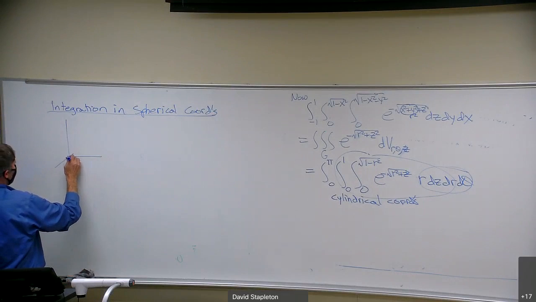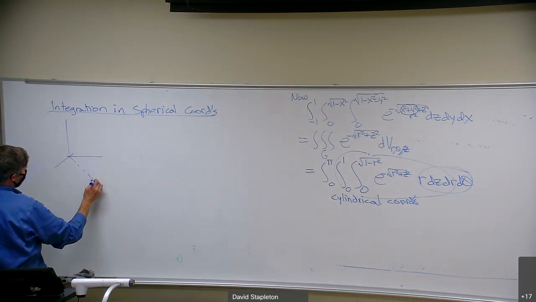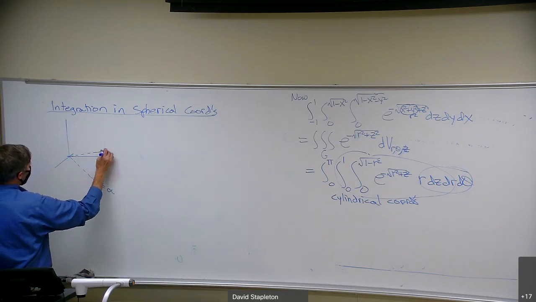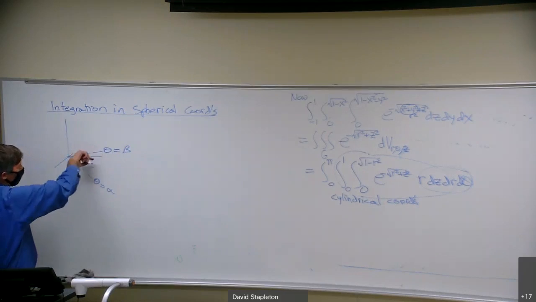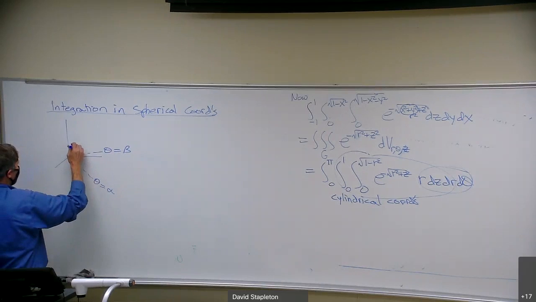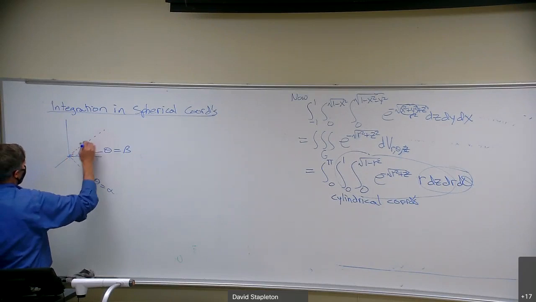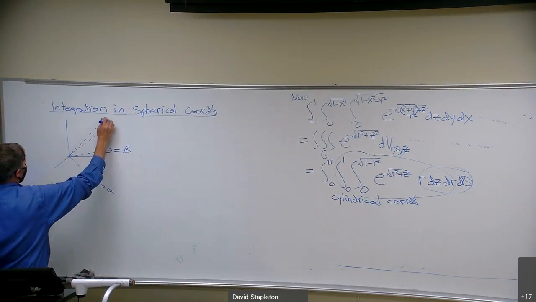You have to get theta going between two constants, theta equals alpha and theta equals beta. These are angles in the xy plane. Remember, theta turns in the xy plane. And then over that, you want phi to go between two constants. So this is a pretty restrictive kind of region, but it is the one that comes in practice.